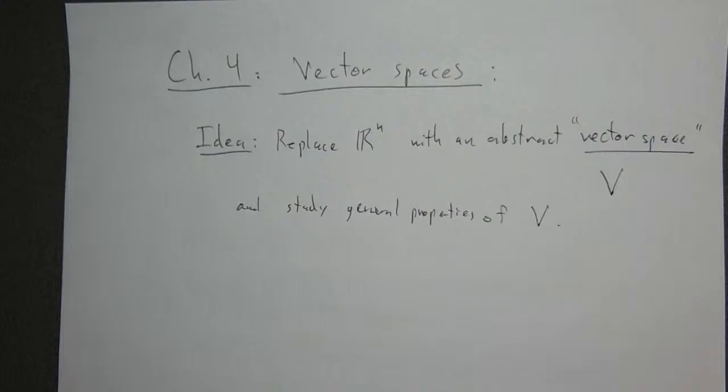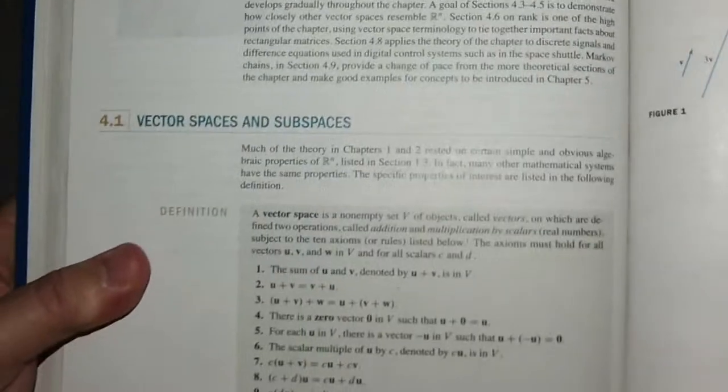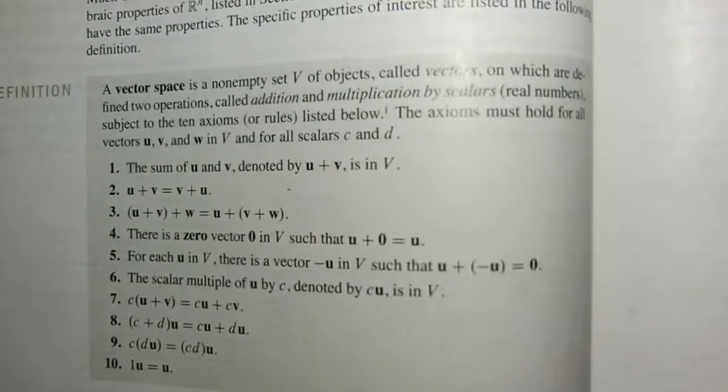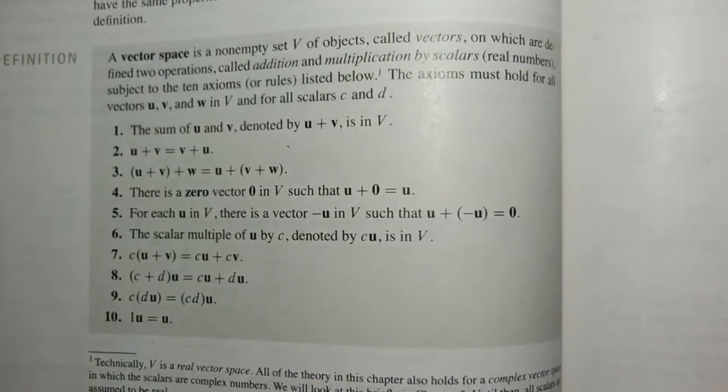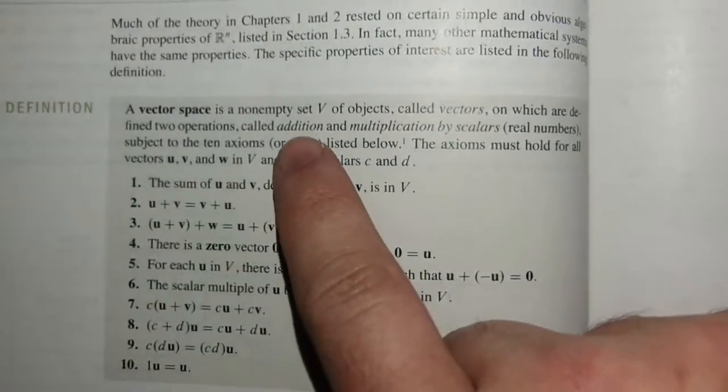So rather than write all of these, I'm going to put this list on camera. We're going to go through the list because you're never in this course going to be asked to verify this list of axioms here. Okay, here, let me hold it up. Okay, so what is a vector space V?